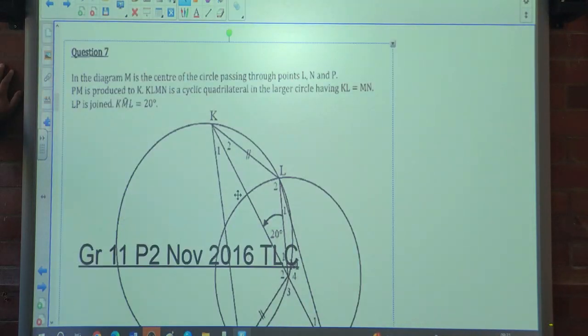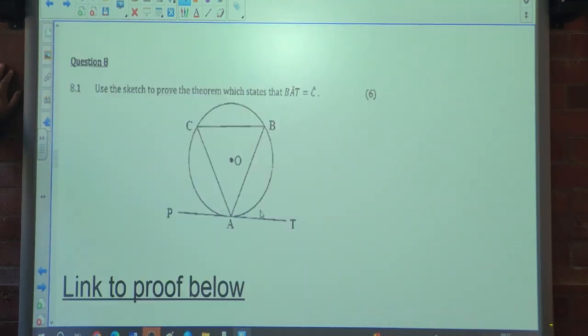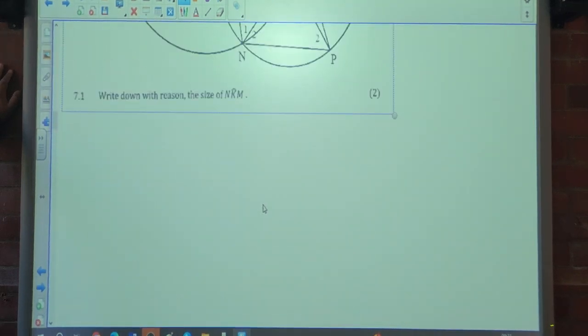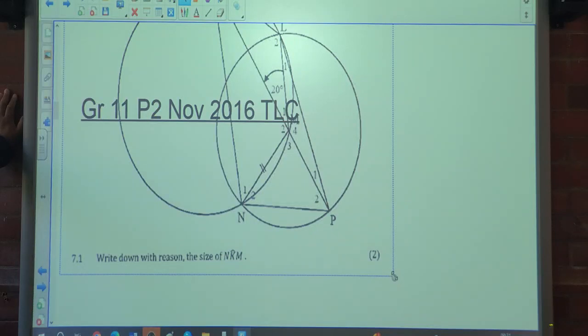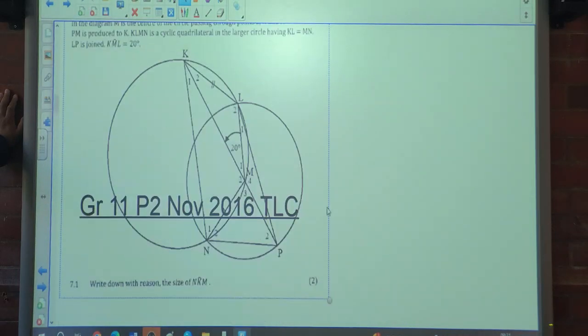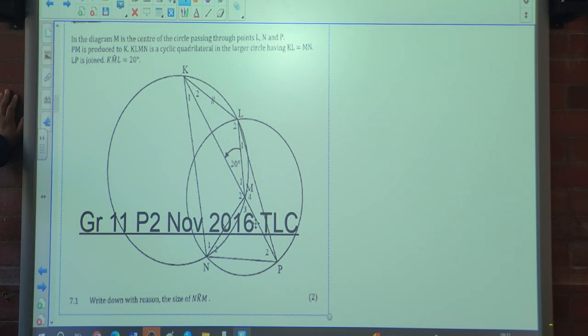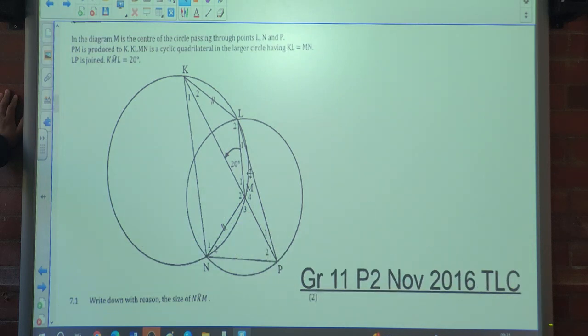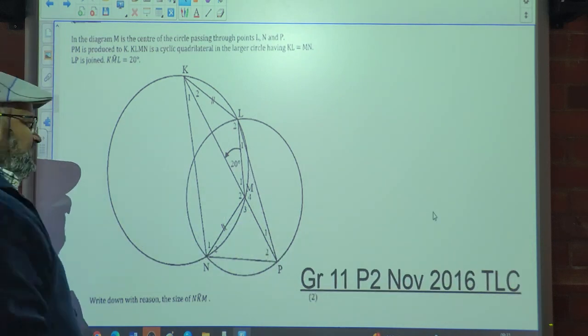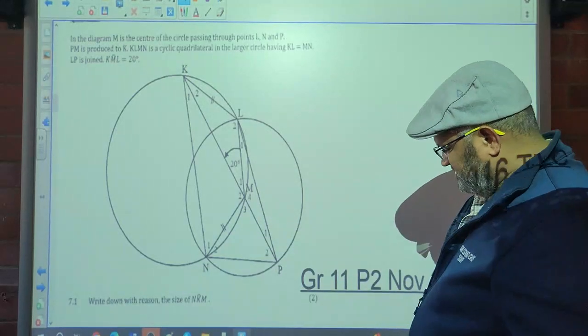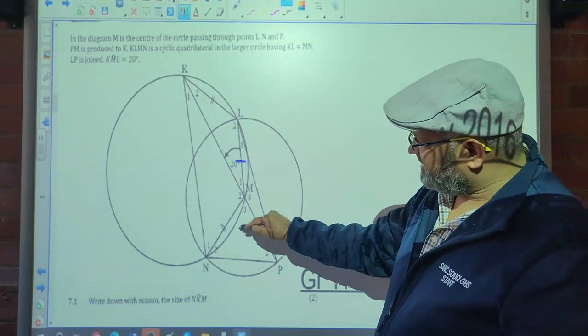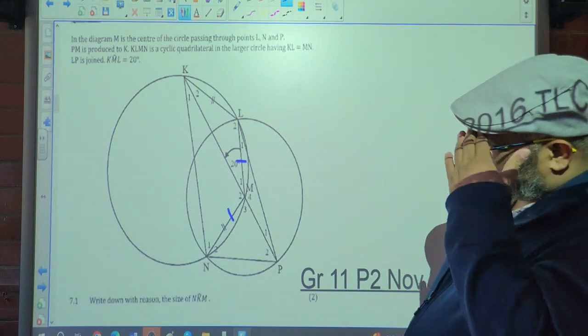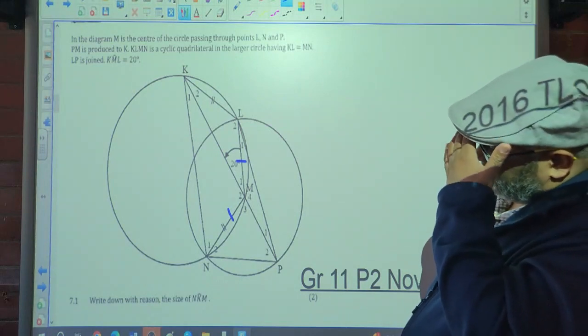Let's go to the next one. We are told, this is the last question, but we are sure we have enough time. So we are told that in the diagram, M is the center of the circle. So if M is the center of the circle, then this length here is equal to that length there. Why?